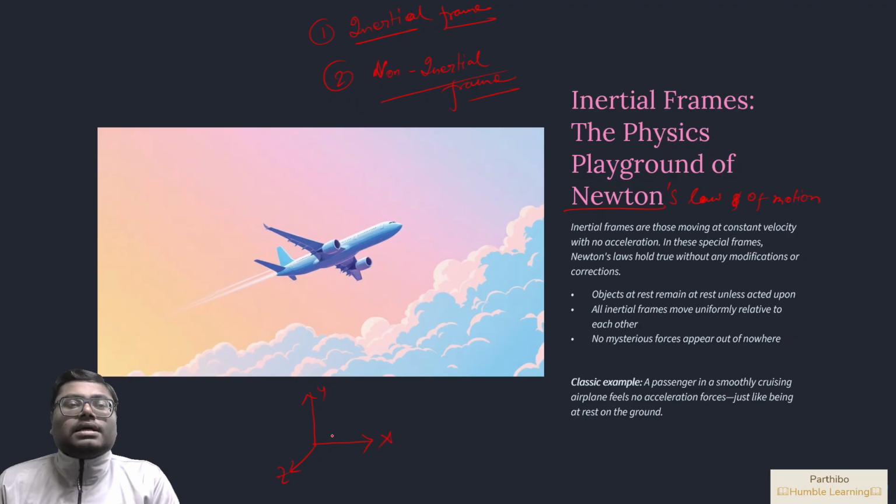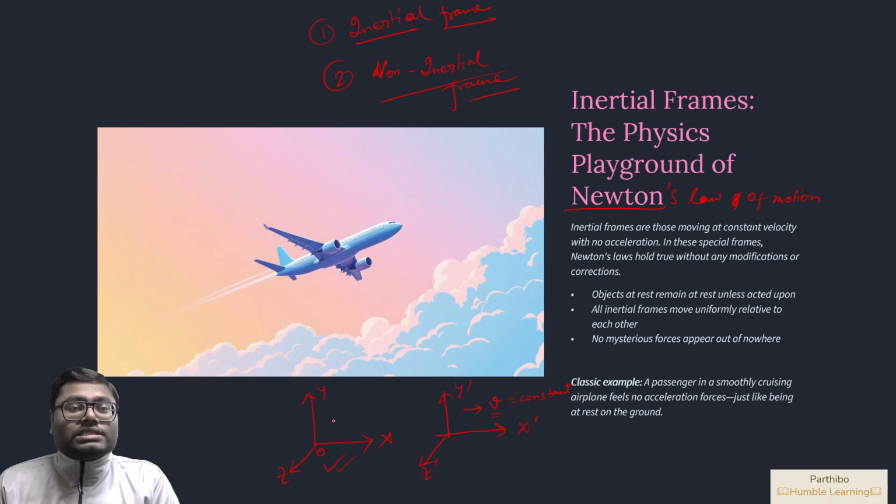Now with respect to this coordinate system we are considering another coordinate system, x dash, y dash, z dash, which is moving with a constant velocity v relative to the first. This is the reference frame for the other reference frame.